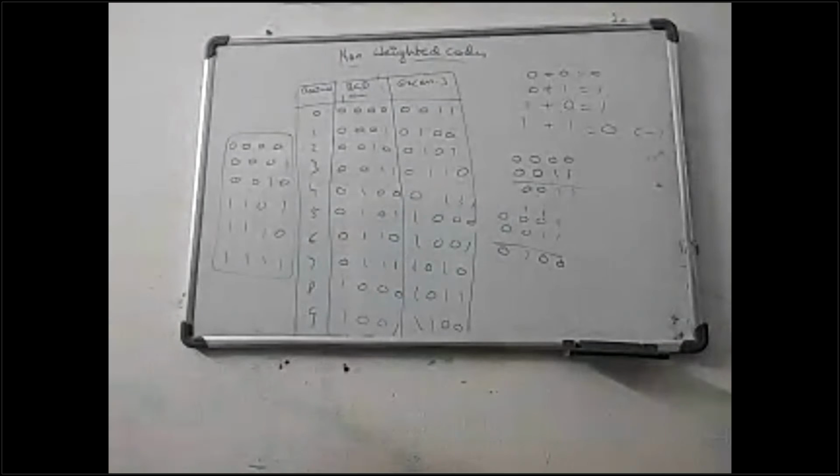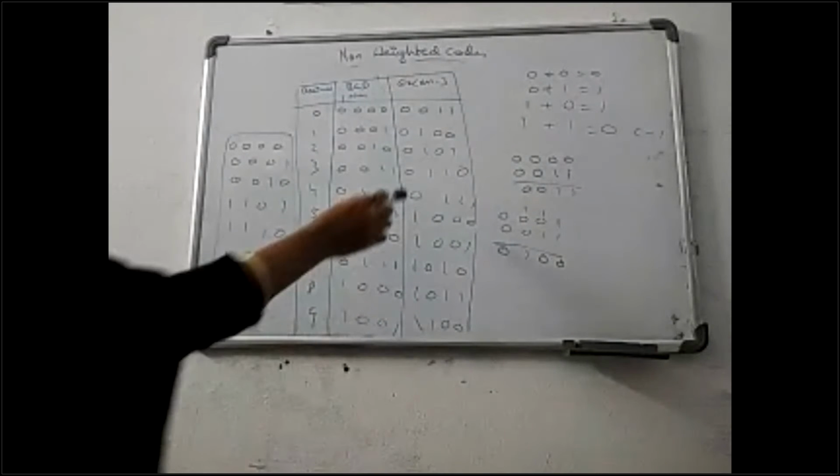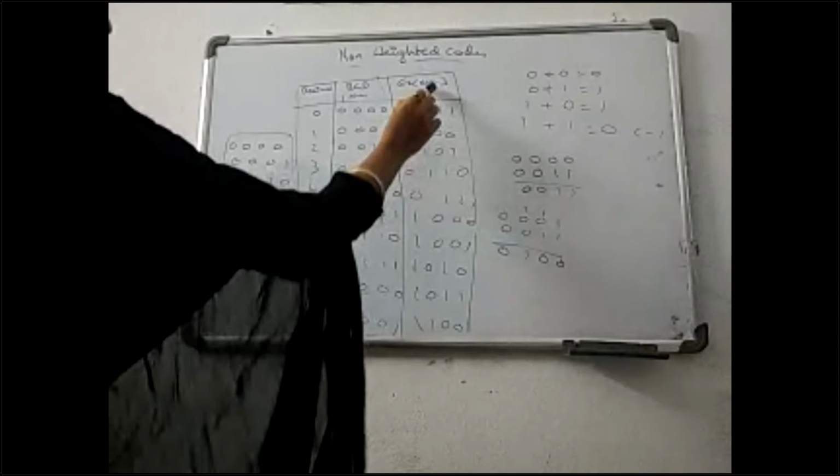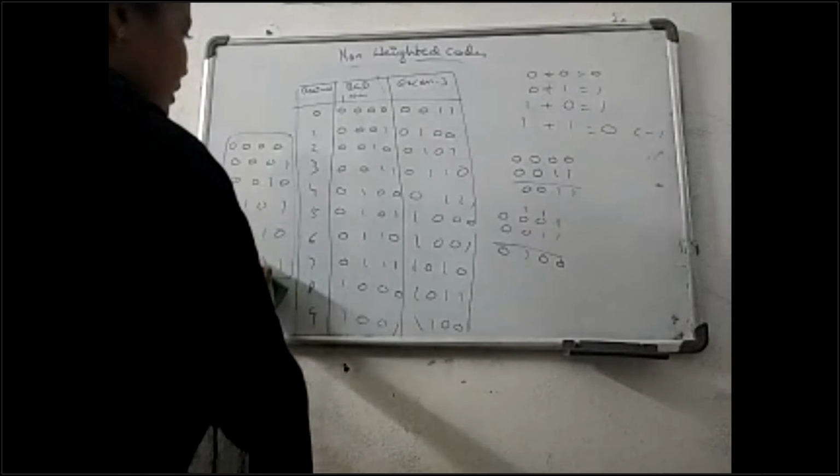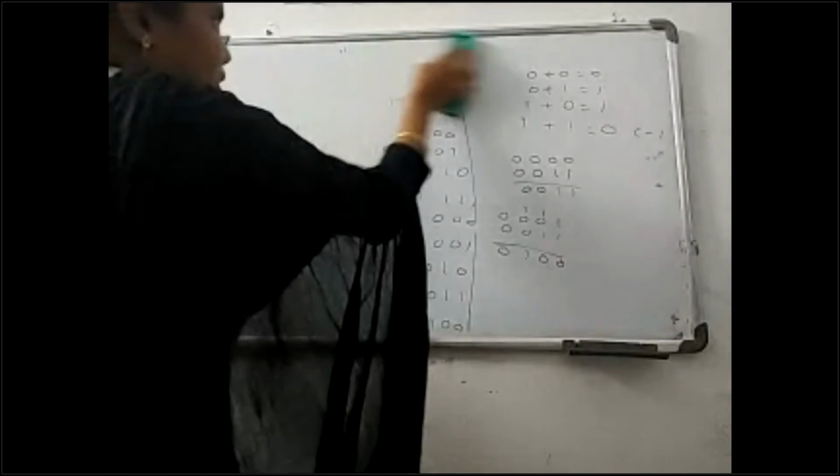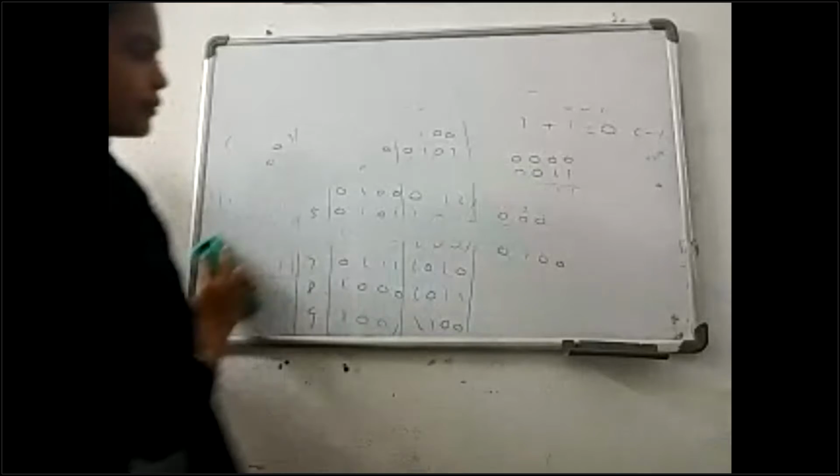All these states are not valid in Excess-3 code. Only the remaining codes are valid in Excess-3 code. Okay. So next we have to see Gray codes.